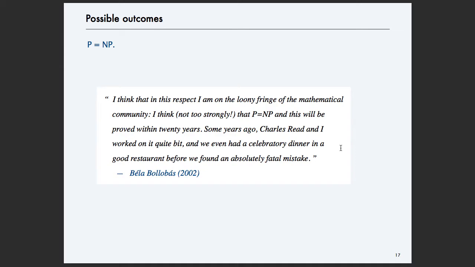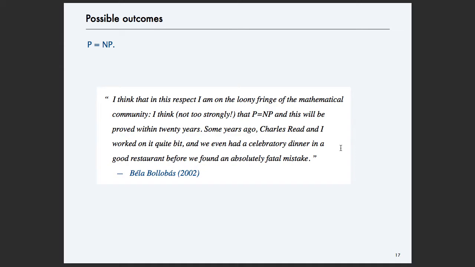Every year or so, this is actually funny, they had a celebratory dinner, and then they realized that they had made a mistake in the proof. Every year or so, there is a paper on this stuff that becomes widely publicized because they believe that they have proved it, and every year we get disappointed.